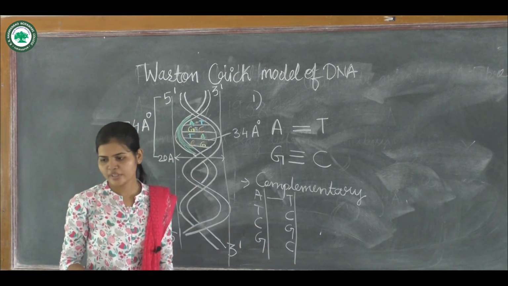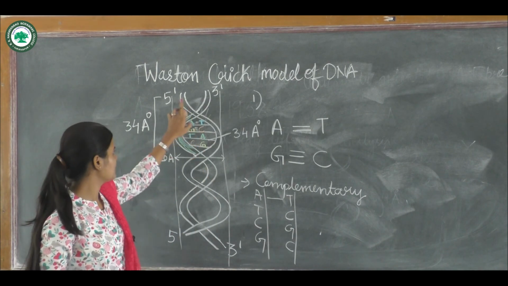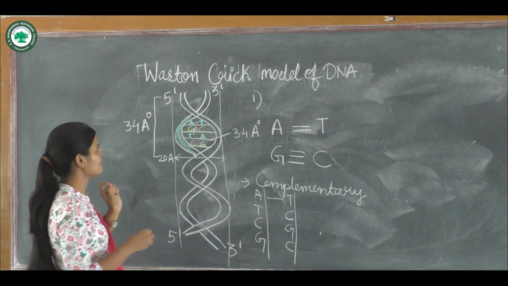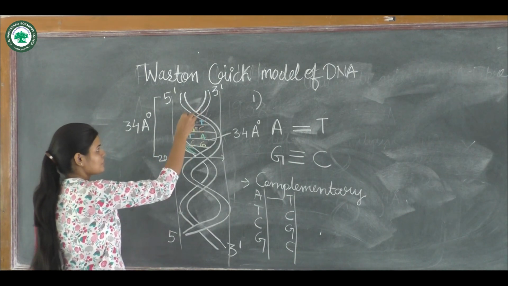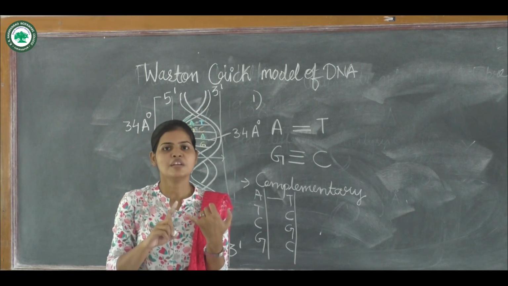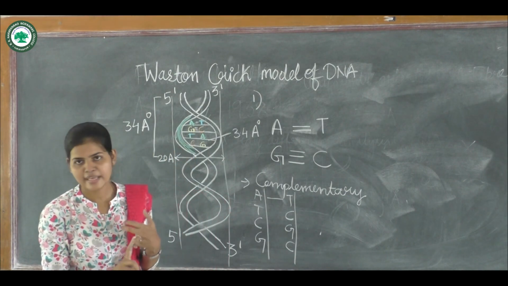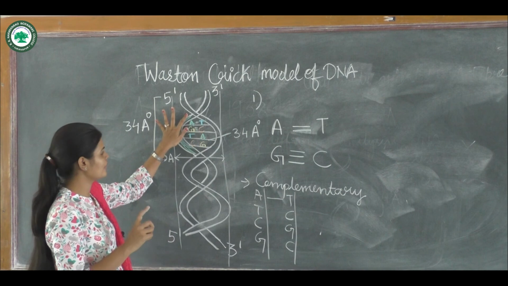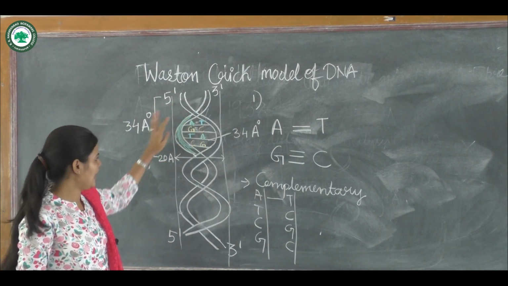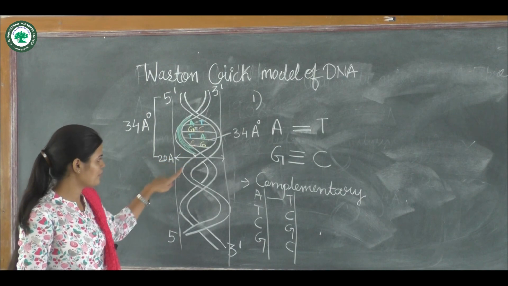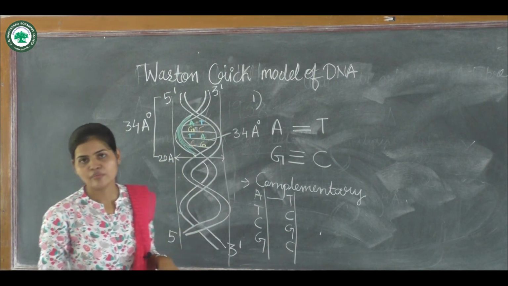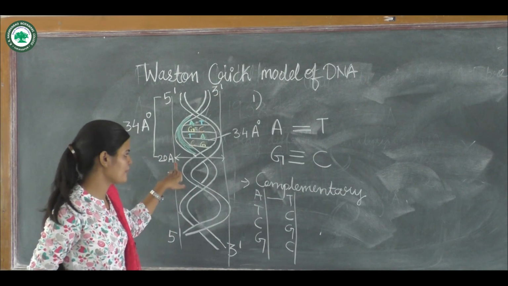The next point is that there are minor and major grooves. The minor groove is shallow and narrow, so it is called the narrow or minor groove. The groove which is bigger, deep and wide, is called the major groove.